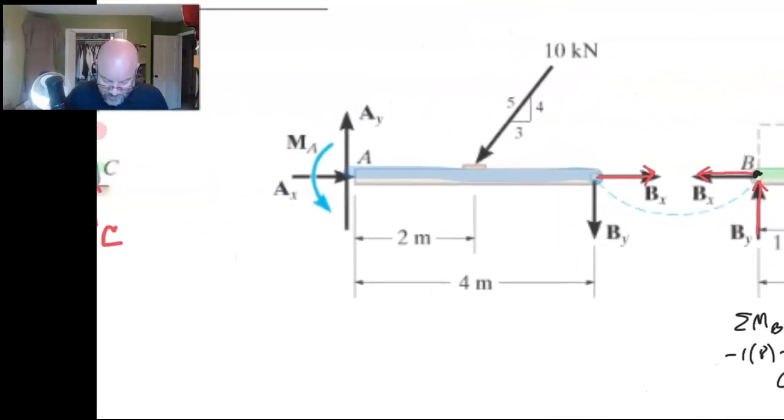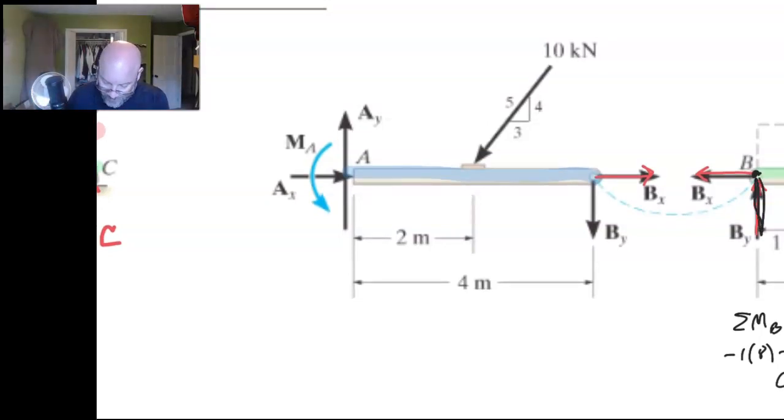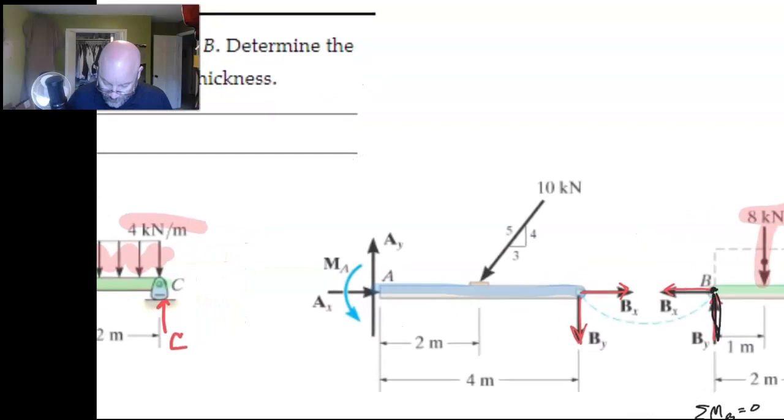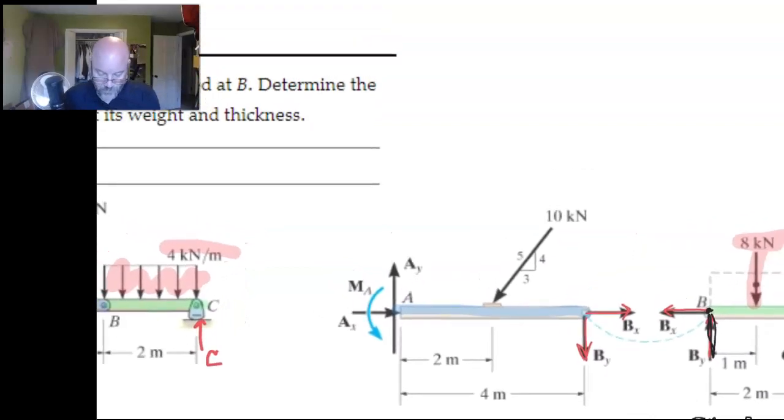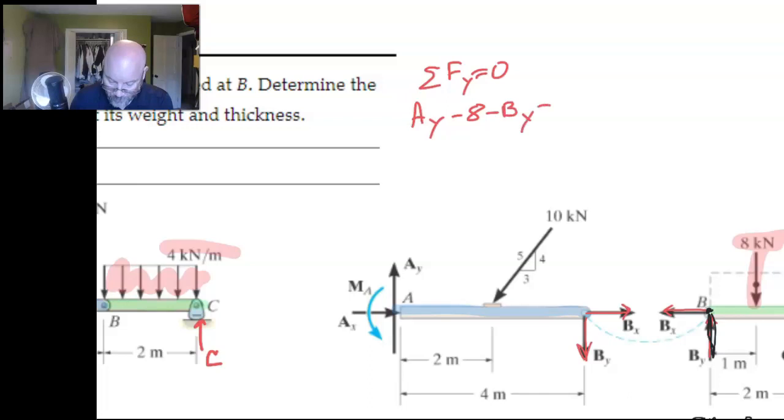Let's move to our other piece over here now. If BY is up over here, then that means it's down over here. Let's go ahead and start with the vertical and horizontal forces. Here we're going to have AY minus 8 minus BY.